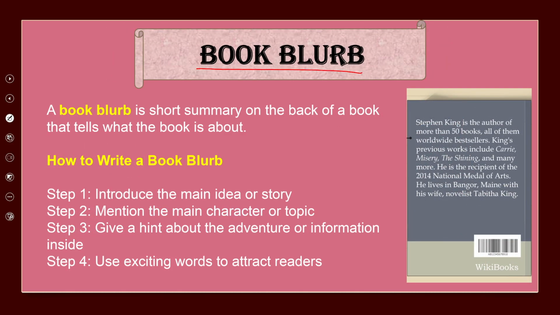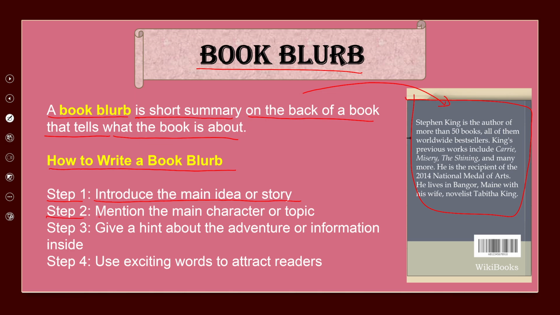Book blurb. A book blurb is a short summary on the back of a book that tells what the book is about. As you're looking at the picture, this is the back portion of the book, called a book blurb. How to write a book blurb? Step 1. Introduce the main idea or story.